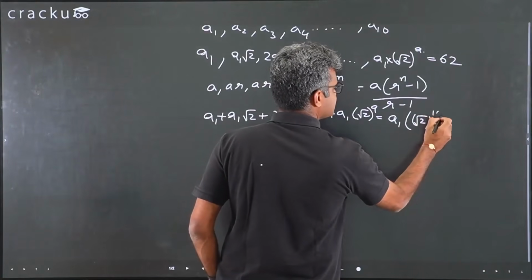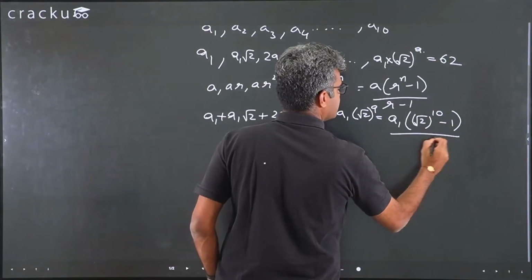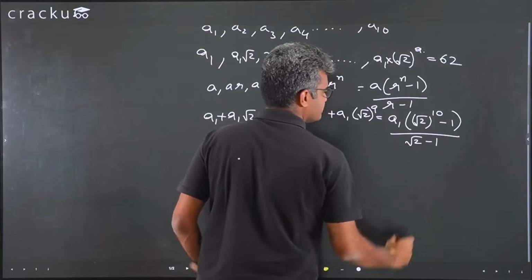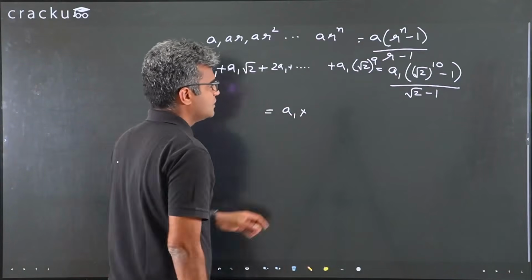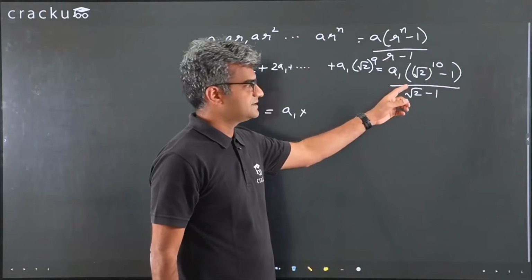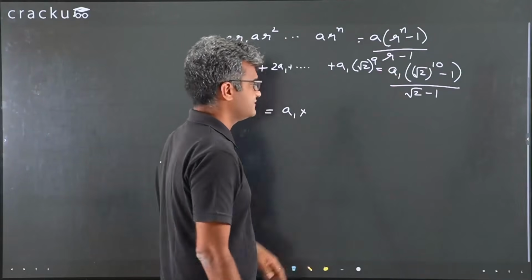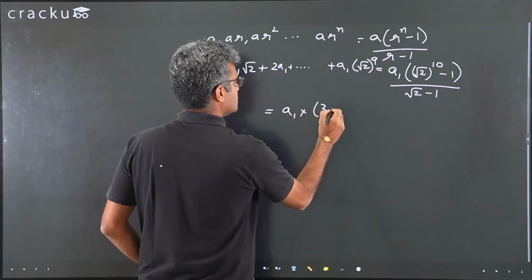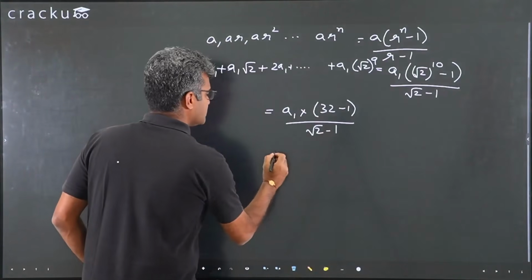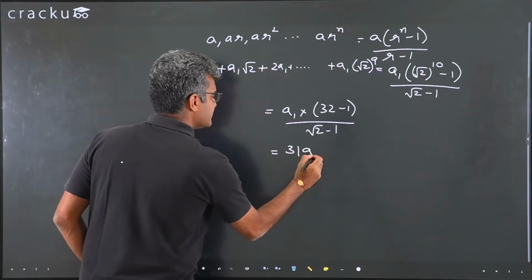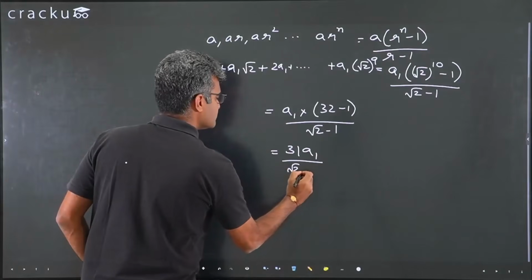The number of terms is 10, so it is root 2 to the power 10 minus 1 divided by root 2 minus 1. This is equal to a1 into, what is square root of 2 to the power 10? That will be equal to 2 to the power 5, which is 32, minus 1 divided by root 2 minus 1, or this is equal to 31 times a1 divided by root 2 minus 1.